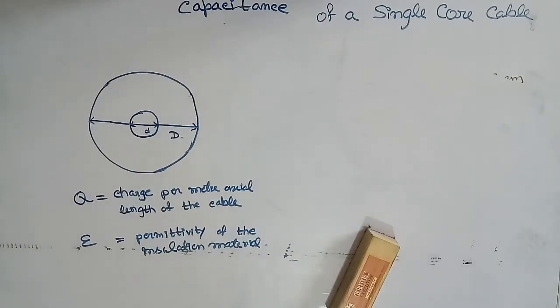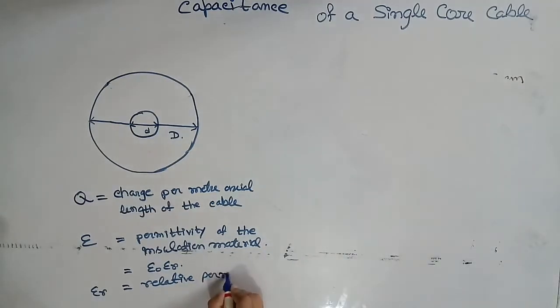So the value of epsilon is epsilon 0 into epsilon r, where epsilon r is the relative permittivity.